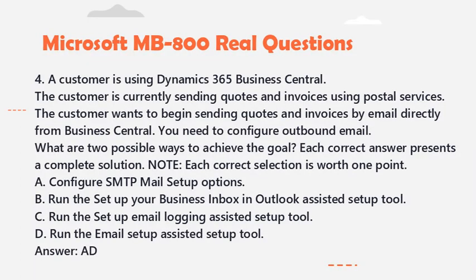Note: each correct selection is worth 1 point. A. Configure SMTP mail setup options. B. Run the Set Up Your Business Inbox in Outlook Assisted Setup tool. C. Run the Set Up Email Logging Assisted Setup tool. D. Run the Email Setup Assisted Setup tool. Answer: AD.